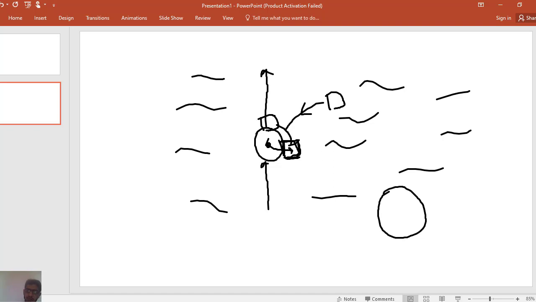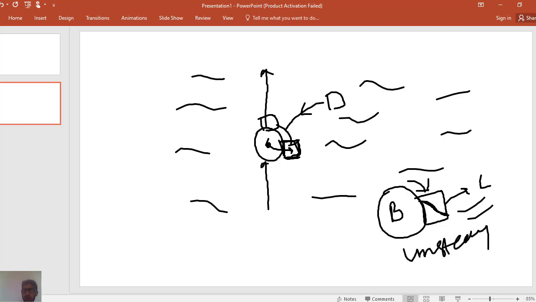Suppose this is the air bubble and this is the liquid element which is sliding on the surface. When the liquid element is sliding on the surface of the bubble, there will be unsteady state mass transfer. With the passage of time, the mass transfer will decrease.